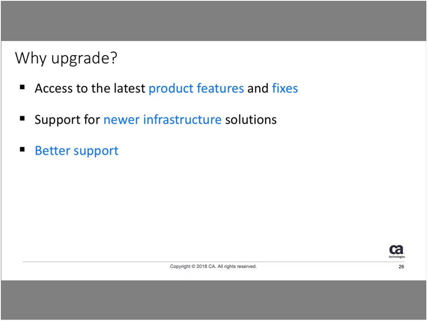So if you have your own internal mandate that you have to run your infrastructure on the latest and greatest, this is something you want to be able to support, and this is only supported in the new version.